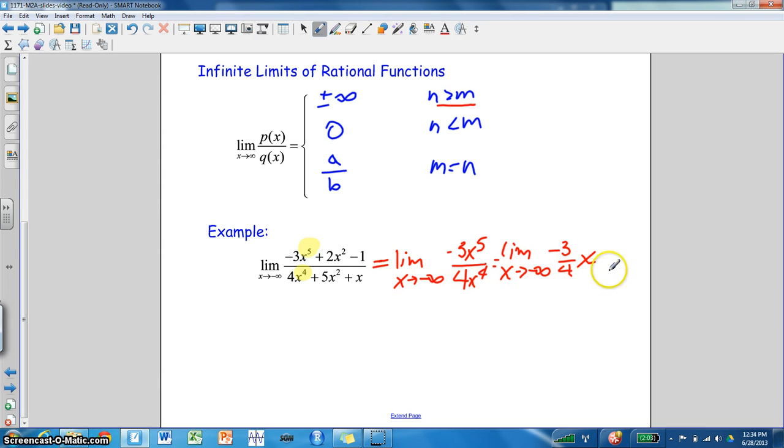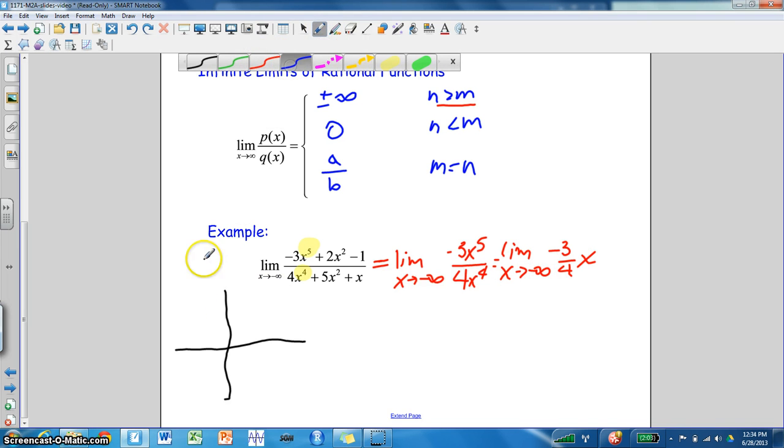So if I look at this, what happens to this as x decreases without bound? Well, we can sketch this quick. That's a line that goes through the origin with a slope of negative 3/4, so it's going to look something like this.